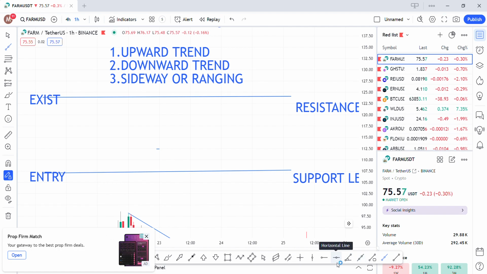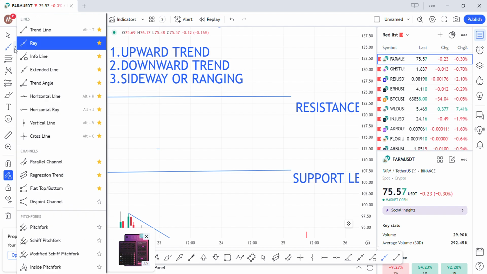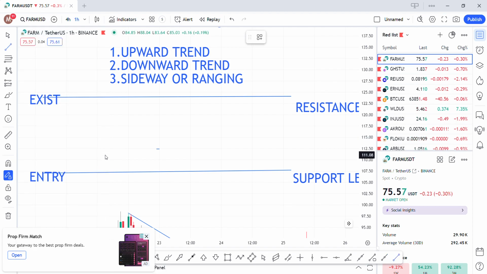No. Horizontal, no. There's a line I'm looking for, but I cannot use arrow. Let me check critically: vertical, cross line, parallels, trend line should work for me. Okay, anyway, let's move on.